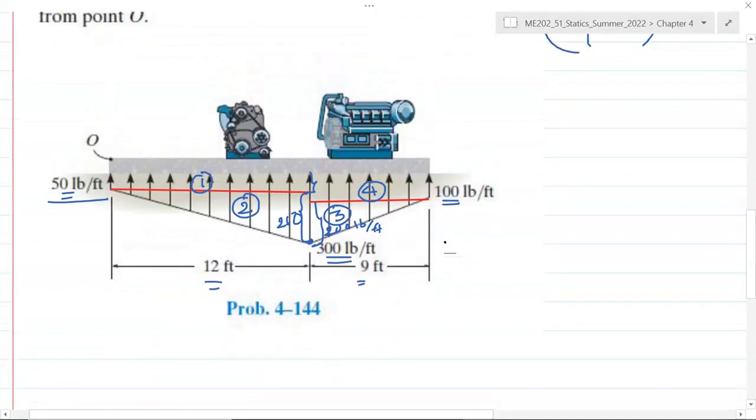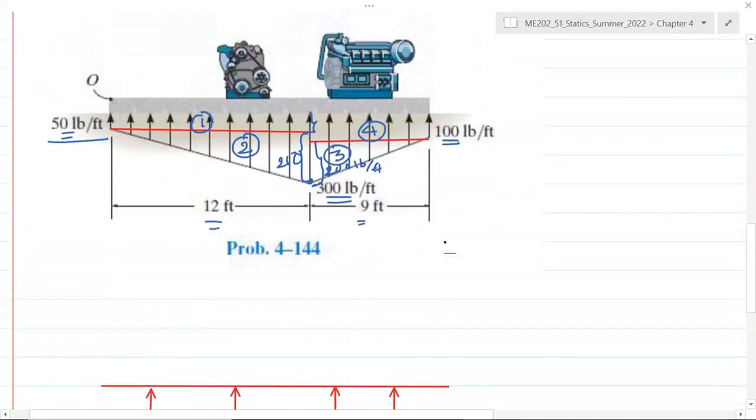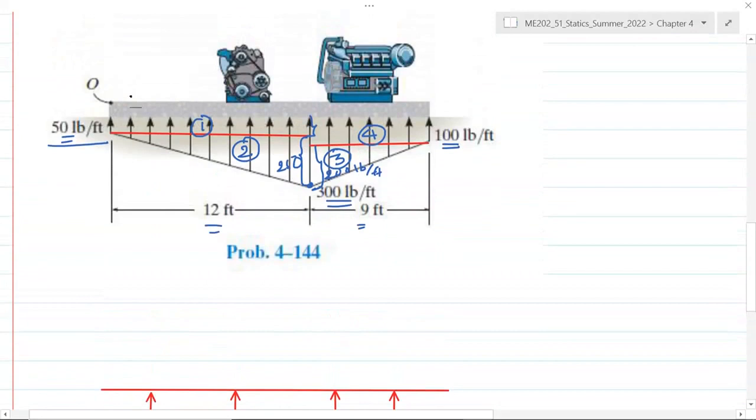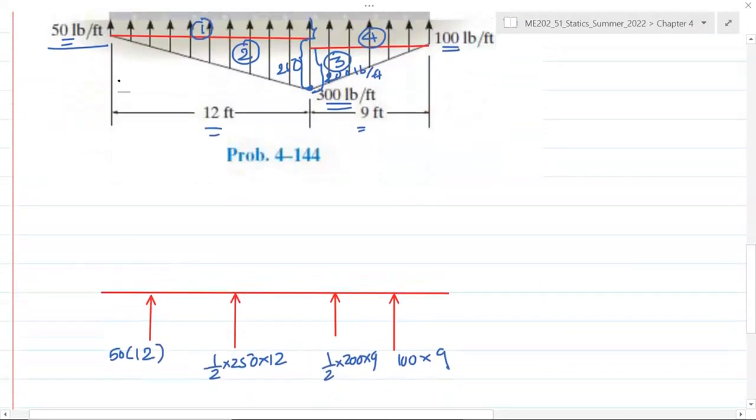Now their locations relative to point O, that is this point O here. For the first one, it's a rectangular distribution, so half of the distance, so that is 6 foot. For the second one, it's a triangular distribution, so its centroid is located at 2/3 of 12, which is 8 foot.